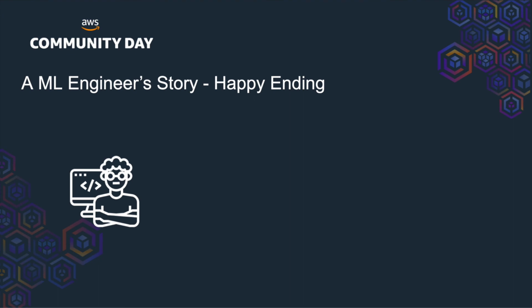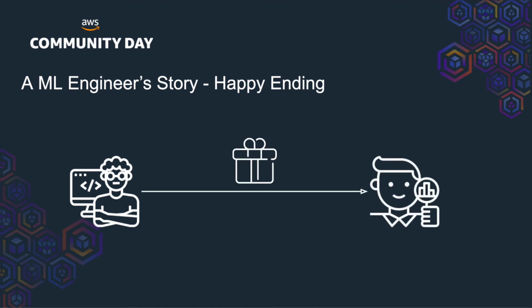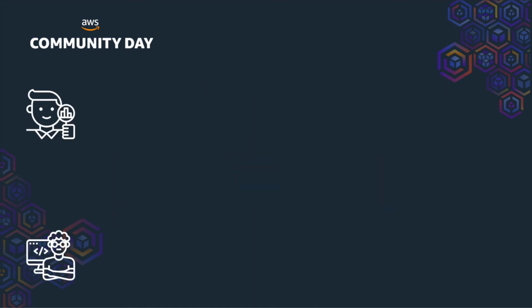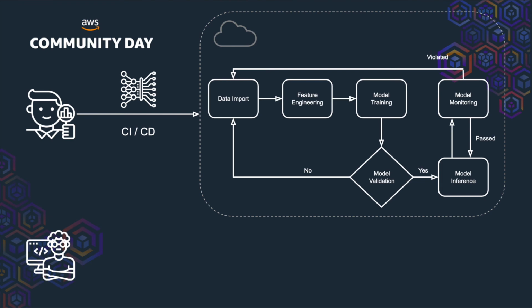Once the engineer has set up the machine learning workflow framework, they could hand that to the data scientist as a present. So with that workflow, the data scientists can finish their model development or model exploration and then commit the code changes. And once they commit some code changes, a CI/CD pipeline will trigger and run the whole machine learning workflow in the cloud, like this.